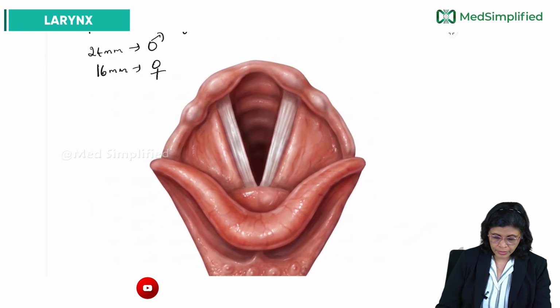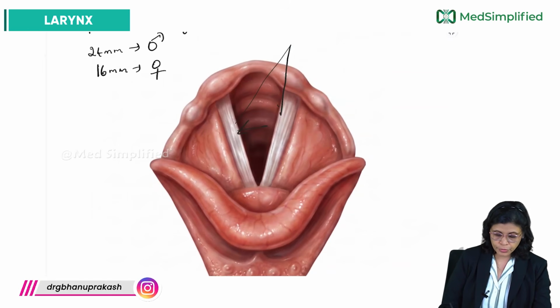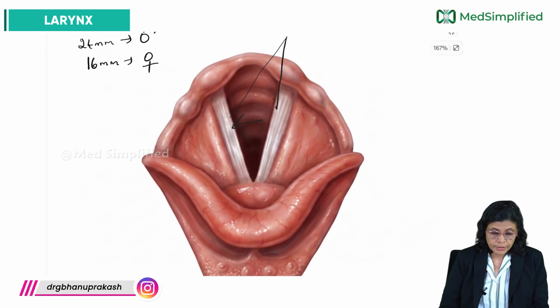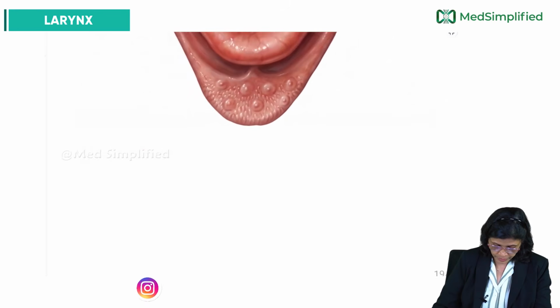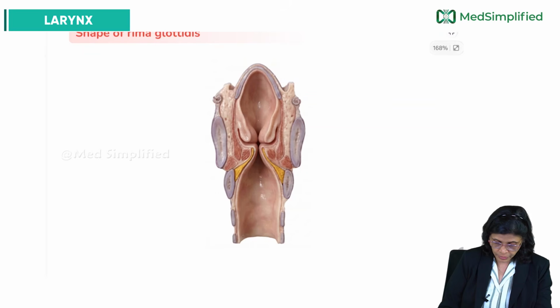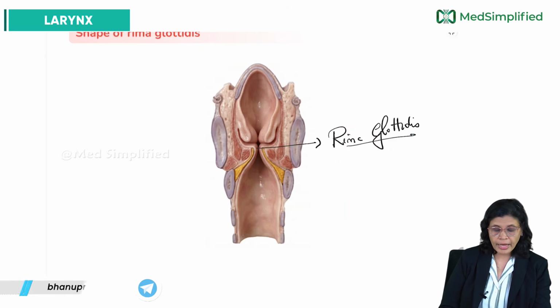So this rima glottis is this narrowed portion here between the two vocal folds or the two vocal cords. Now this will be having two parts.